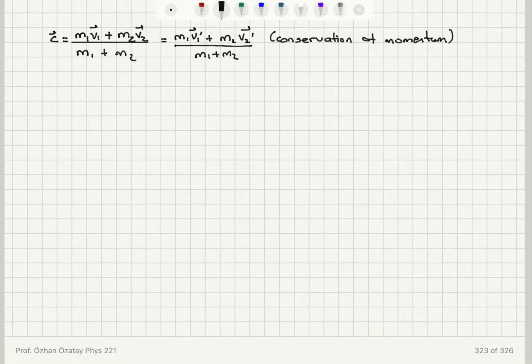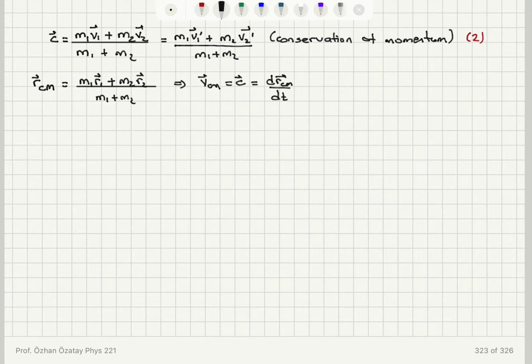So let's elaborate on this a little bit. I'm going to call this equation number 2. This comes from the fact that the center of mass location is (m1 r1, the position vector of the first atom, plus m2 r2, position vector of the second atom) divided by (m1 plus m2). Therefore, the center of mass velocity is C, which is dr center of mass dt.